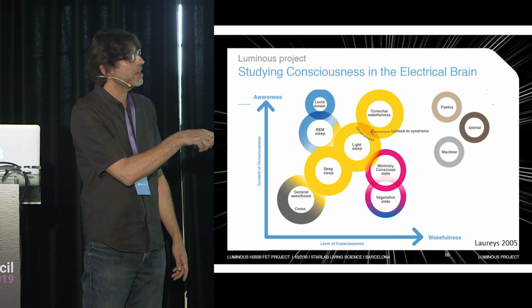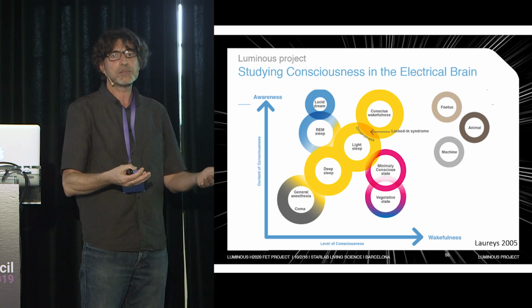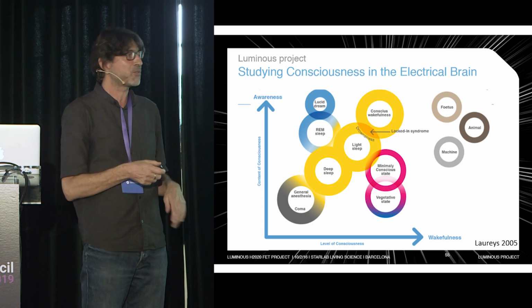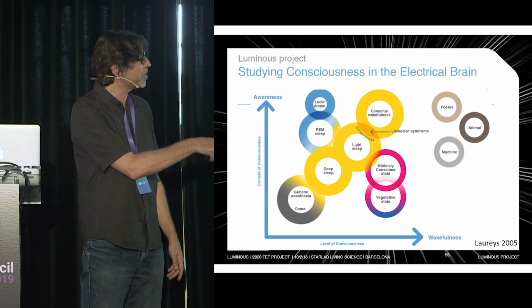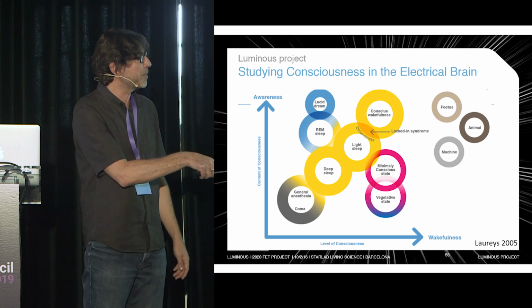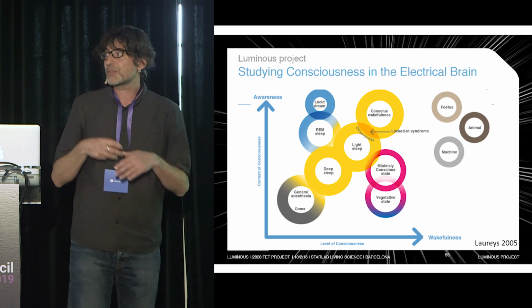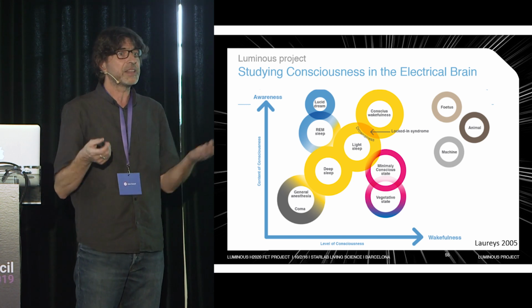You have lucid dreaming, which is a stage in which you have high awareness because you are aware of the content of your dreams, but you are sleeping. So that's why the index of wakefulness is here. And you have other states related with coma, the minimally conscious state and the vegetative state, where the subjects are awake, but they are not aware.